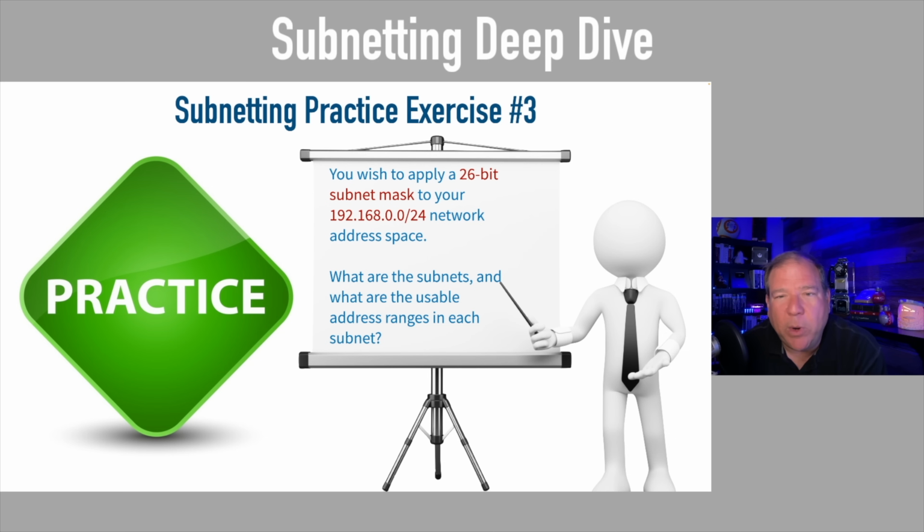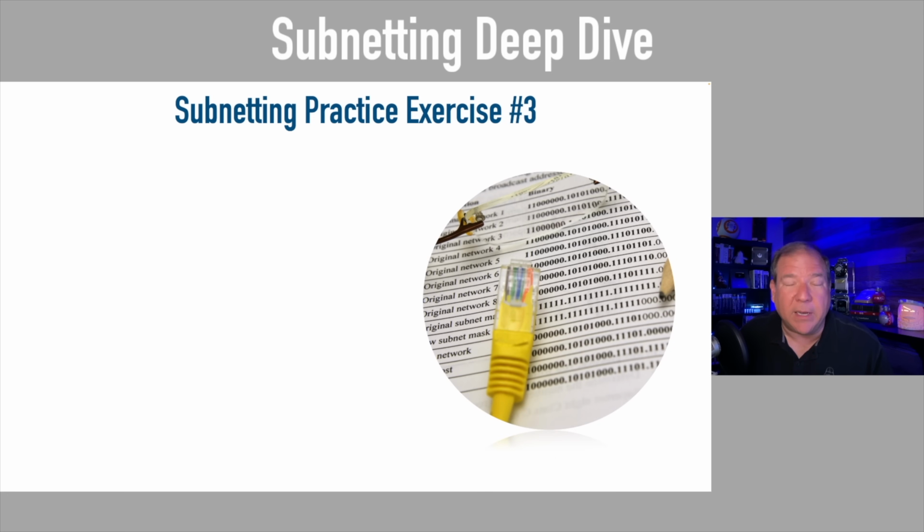The question we want to answer is, what subnets did we create when we did that? And what are the usable address ranges in those subnets? Well, looks like I borrowed 2 bits, doesn't it? I have a default subnet mask of /24. I applied /26. I borrowed 2 bits.